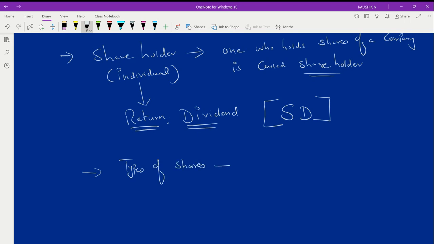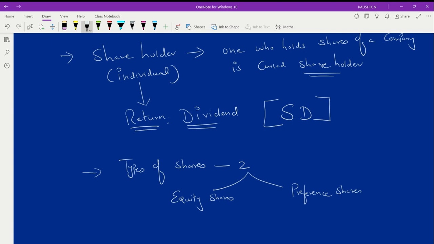So types of shares, you have got two types. One is equity shares and the second category is preference shares.